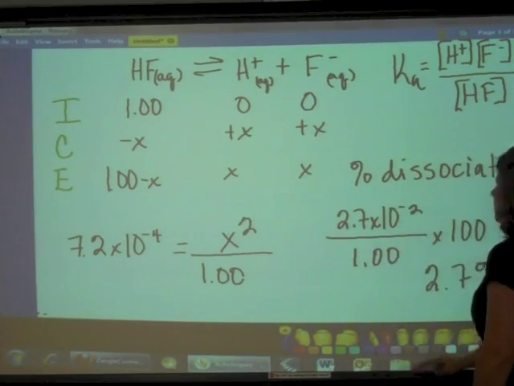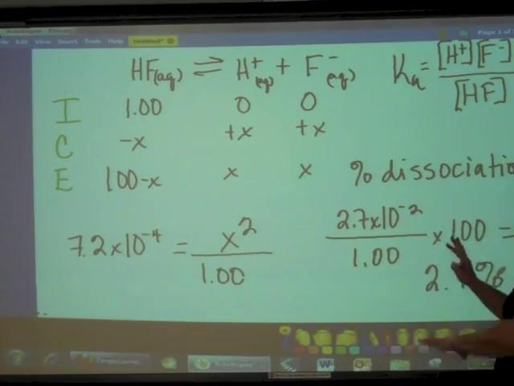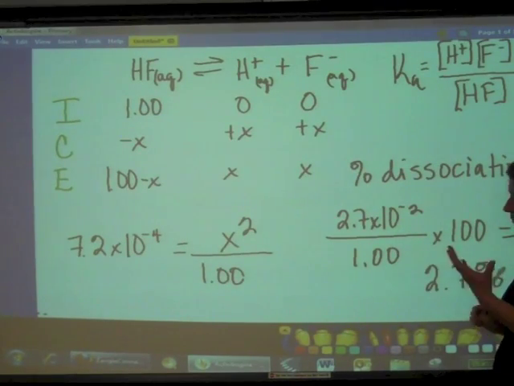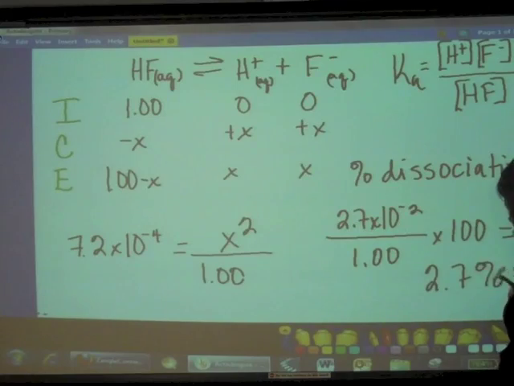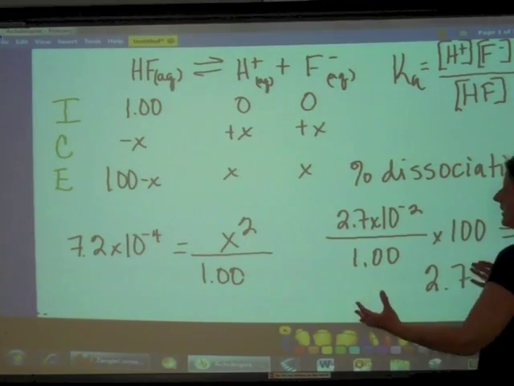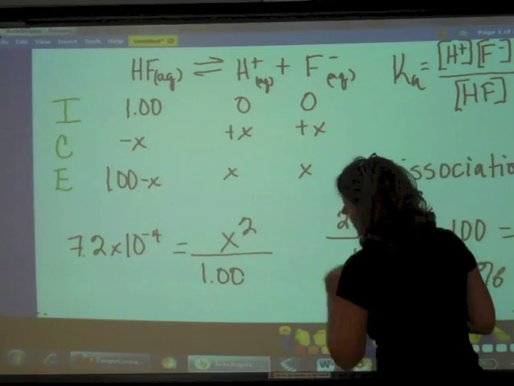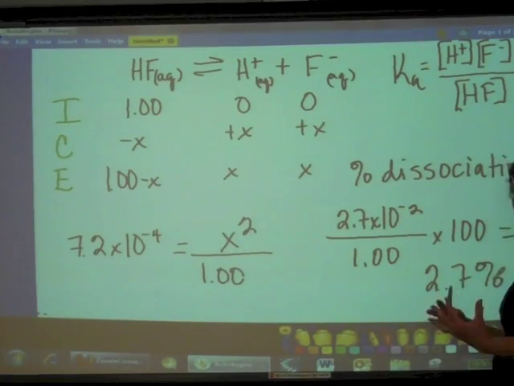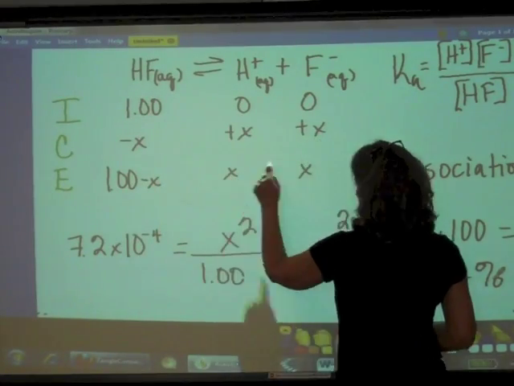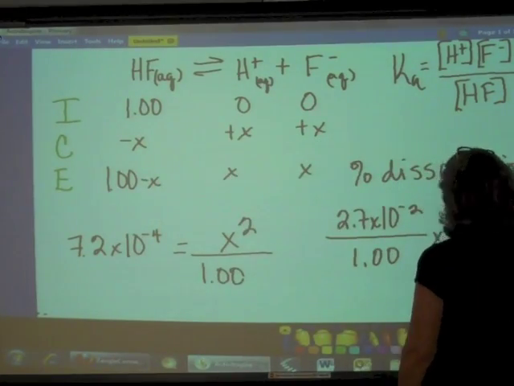So it solves two problems here. If we need to find out percent dissociation, and that's part of our question, here it is. But it also validates our ability to say that x is negligible in terms of here. It's definitely not negligible, though, in terms of that.